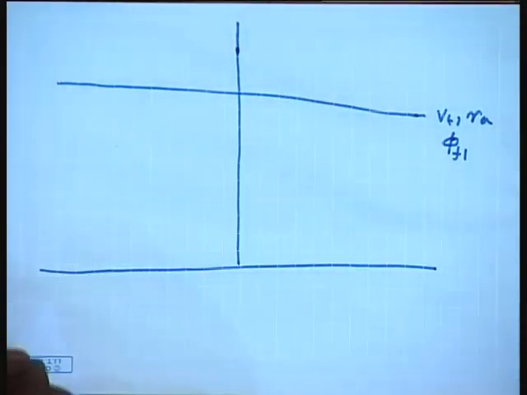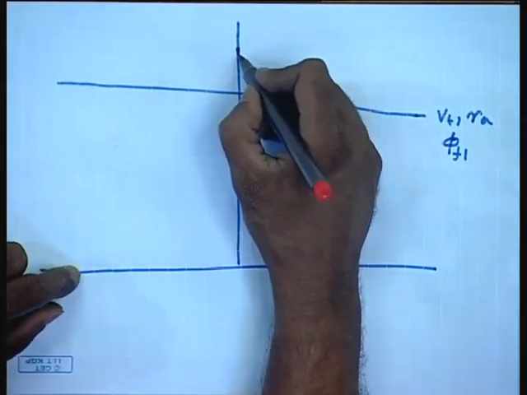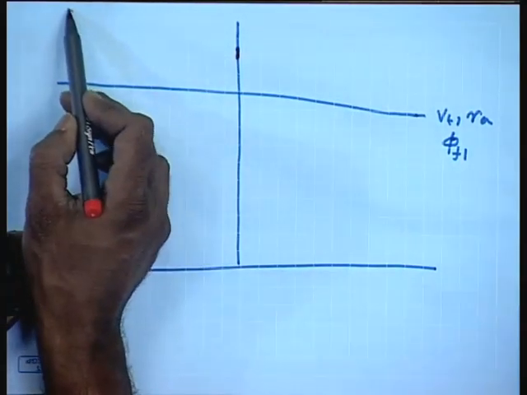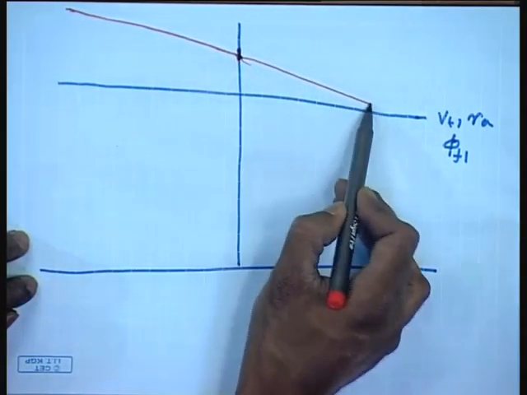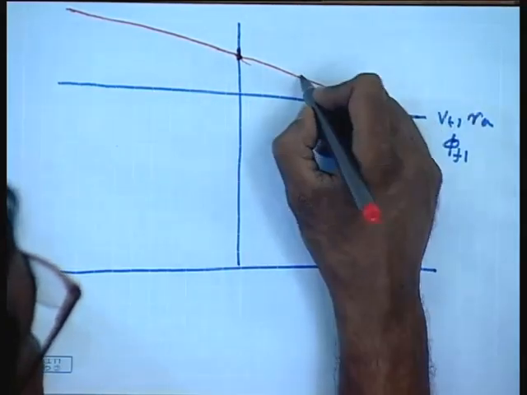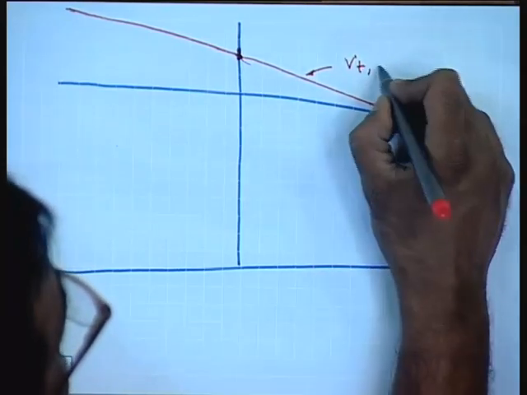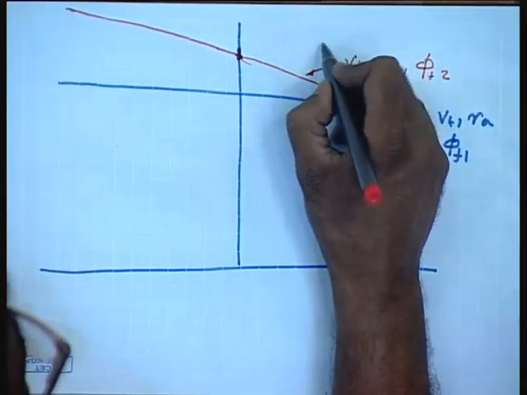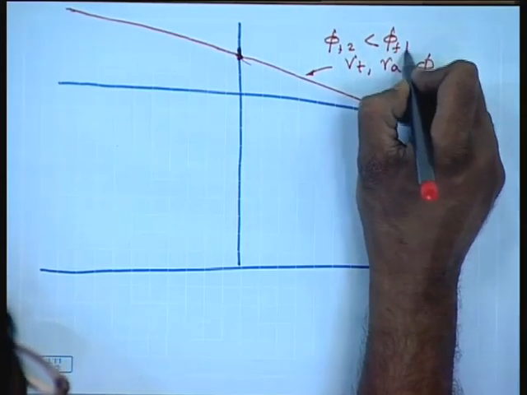Suppose I reduce the field flux to a value phi f2, then naturally the no load speed will increase, but the slope will also increase. This is VT, RA, phi f2, with phi f2 less than phi f1.